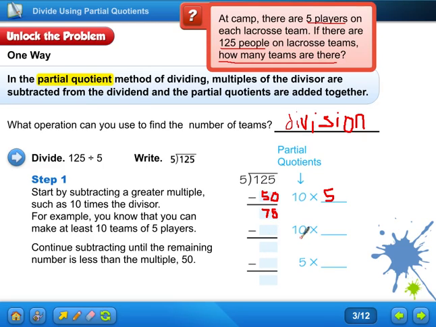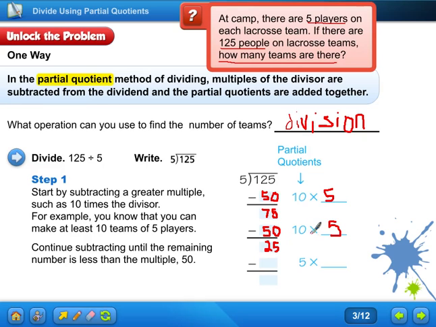All right. Next, do you think I could subtract the 50 again? Absolutely. So 10 times 5, remember we got the 5 from right here. 10 times 5 is 50 again. Trying to make this as neat as possible. So 75 minus 50 is 25.